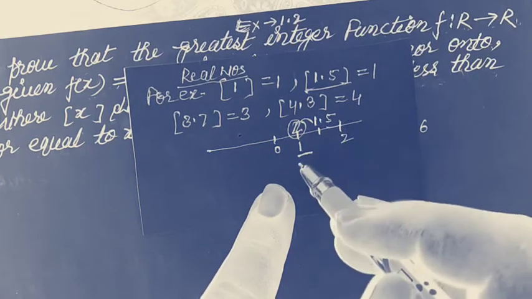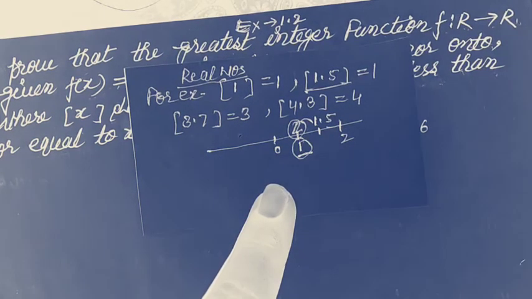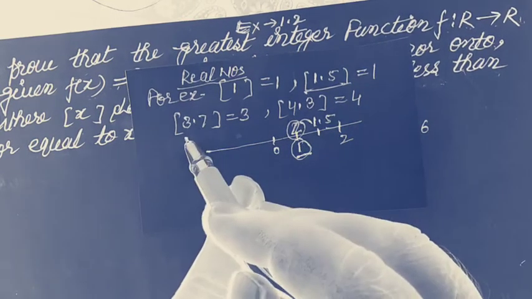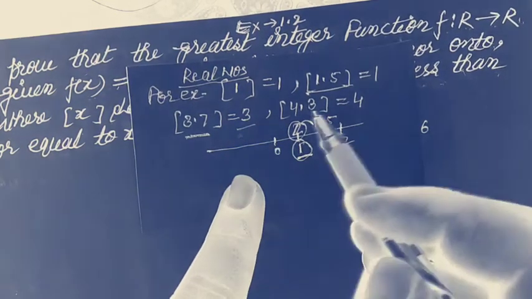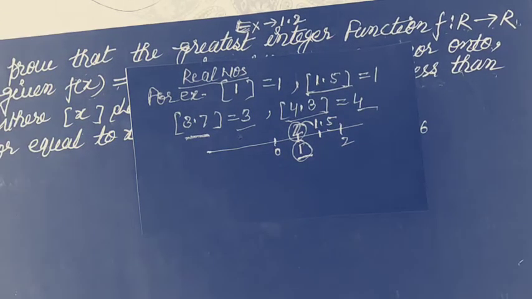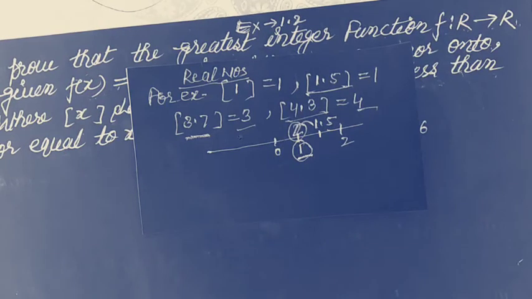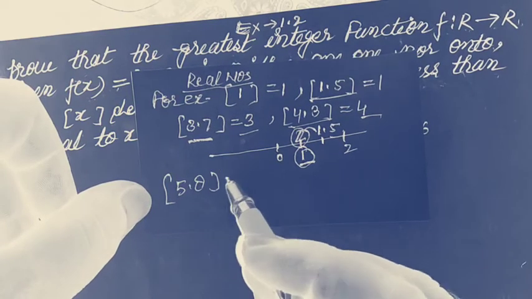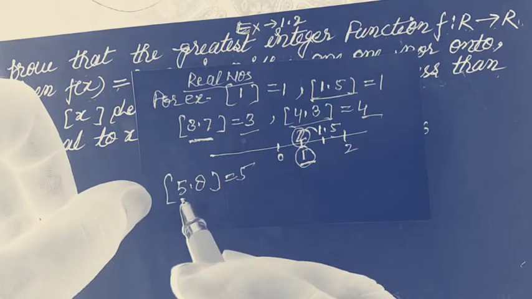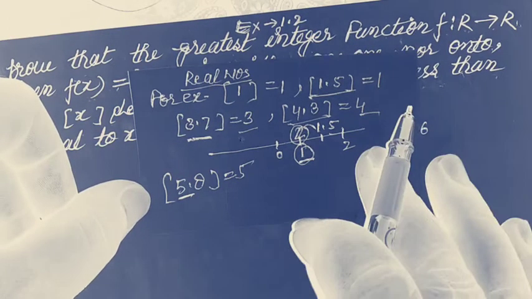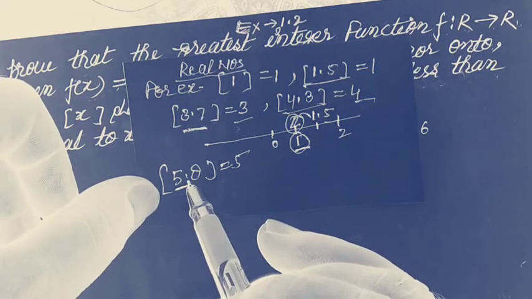The value of [1.5] is 1, and similarly the value of [3.7] is 3, and [4.3] is 4. So for all positive values, just like 5.8, we will get 5 here, isn't it?